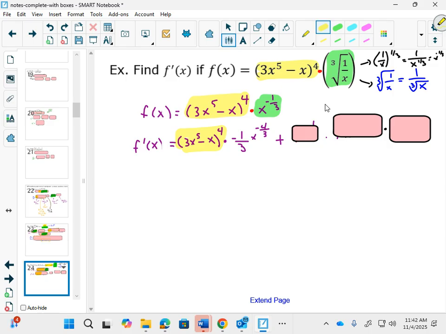Oh, keep something the same. That's easy. Now I have to do the derivative of the second one. Well, the derivative of the second one, now that I've done all that math to change it to x to the minus 1/3, is easy. Minus 1/3 comes out in front. Subtract 1 from the exponent. You guys are probably getting really good at subtracting by 1 by now. Then we keep the second one the same.